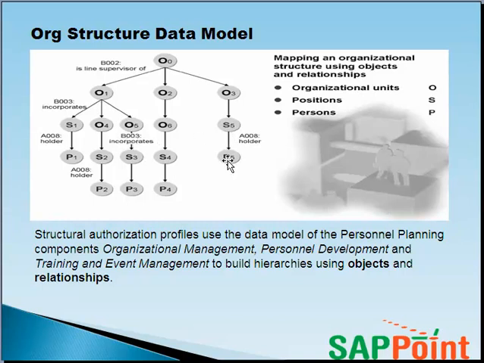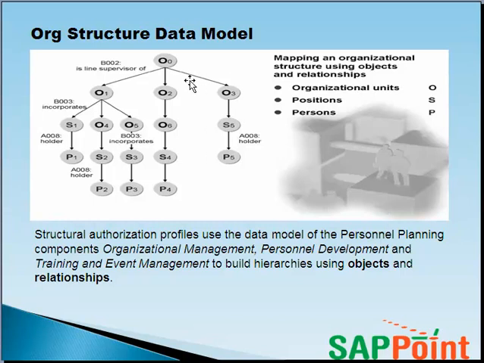Now to manage the authorizations for this model effectively, the central elements of this data model are used, such as objects, relationships, and evaluation paths. The structural authorizations basically use evaluation paths based on a root object, which is defined by its 8-digit object ID.